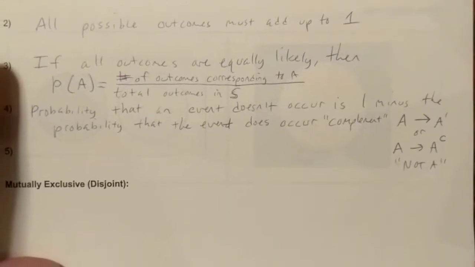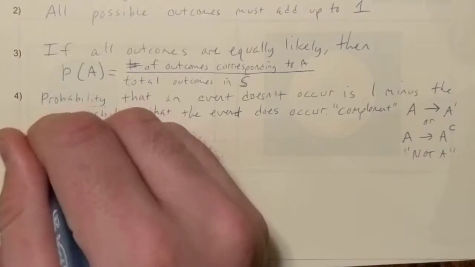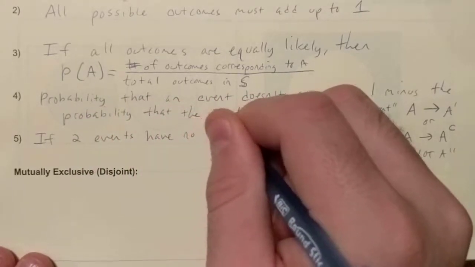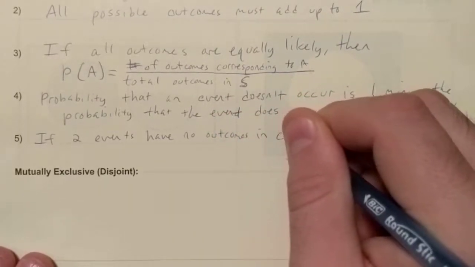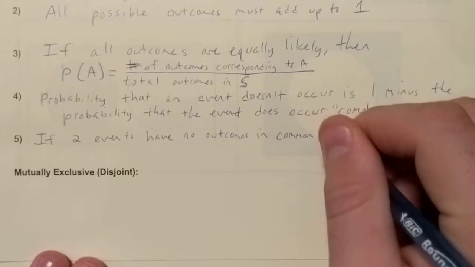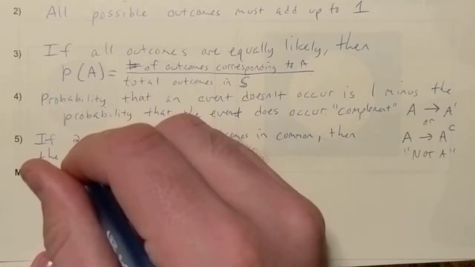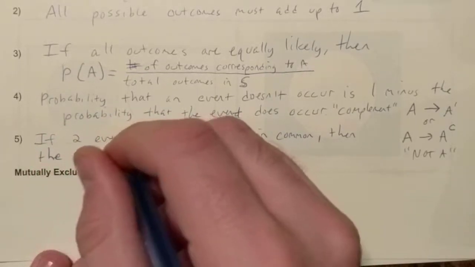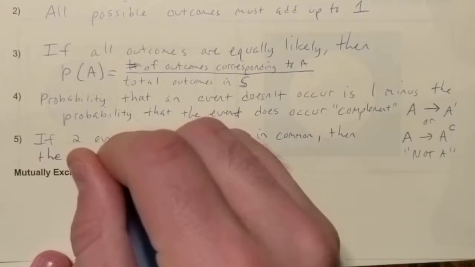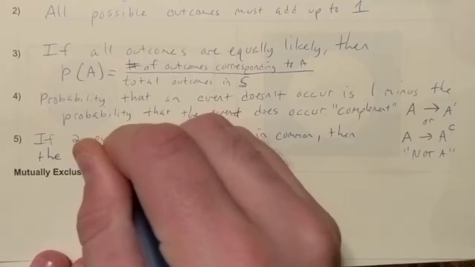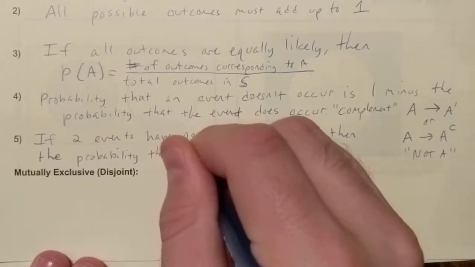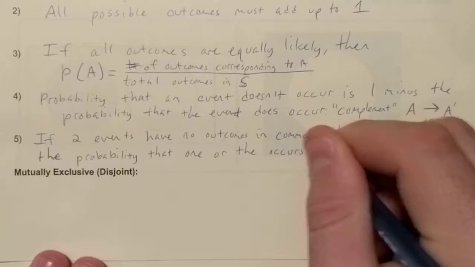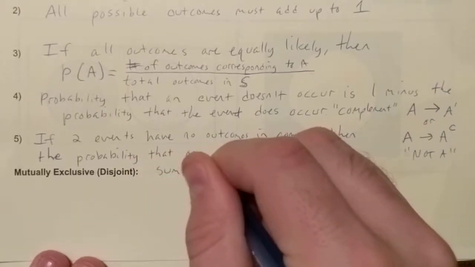And then lastly, rule number 5 is if two events have no outcomes in common, they don't share any outcomes, then the probability that one or the other occurs is the sum of their individual probabilities.